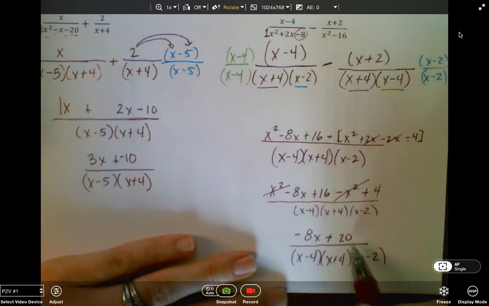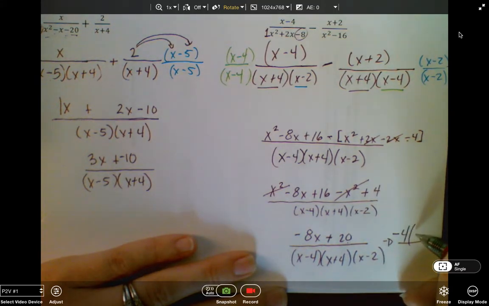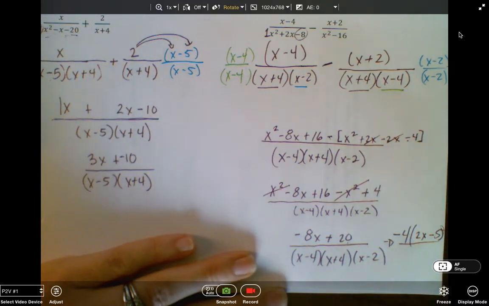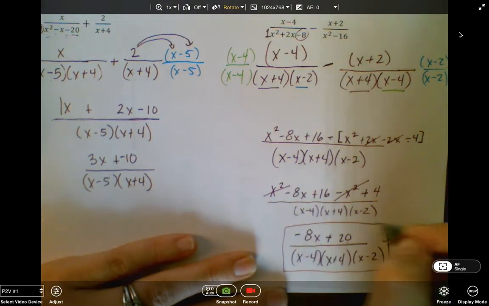Now, I've noticed if I look here that there's a 4 that could come out of that numerator, so I could possibly rewrite my numerator as, let's say I take out a negative 4. That would give me 2x minus 5, but that doesn't really get me anywhere because I can't simplify out any of this term with what our big long denominator would be. So I would just leave it just like that.